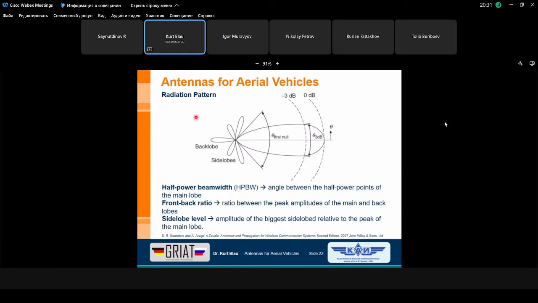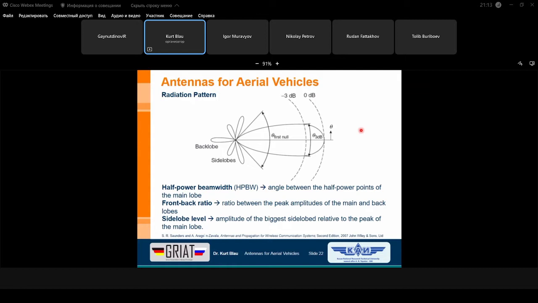Then I gave you some other examples, especially of what we can find out with the radiation pattern. This is the key point. We want to know which parameters, which special performances or other things we can find from our radiation pattern. We have to consider that you can make two main cuts through the 3D radiation figure of the antenna.